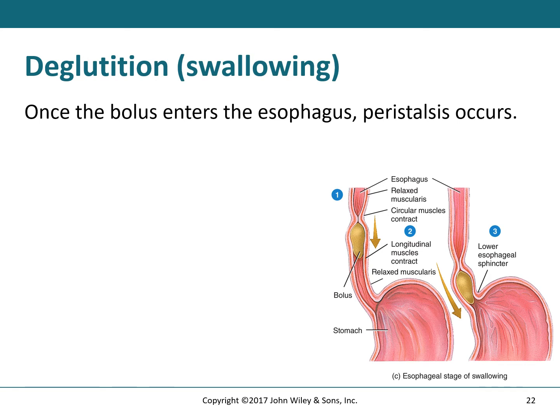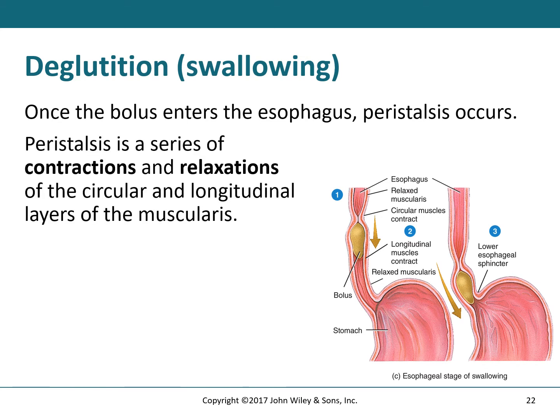So, deglutition. Once you swallow that bolus, it enters the esophagus, and peristalsis, which is muscular contraction, is going to push that bolus of food down until it hits the stomach.